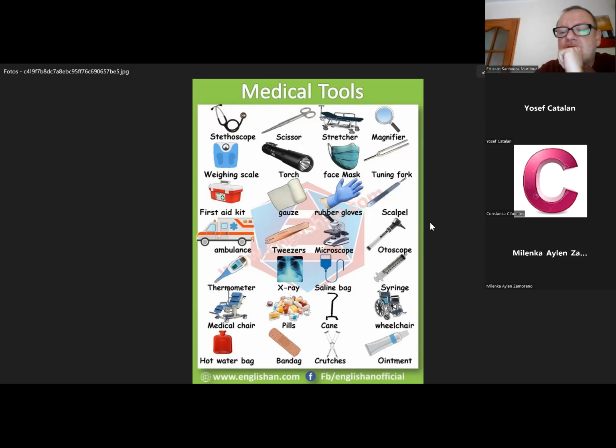What about this, Milenka? Can you say that? First aid kit. So what do you use a first aid kit for? For emergencies. Heridas pequeñas, no sé cómo decir.